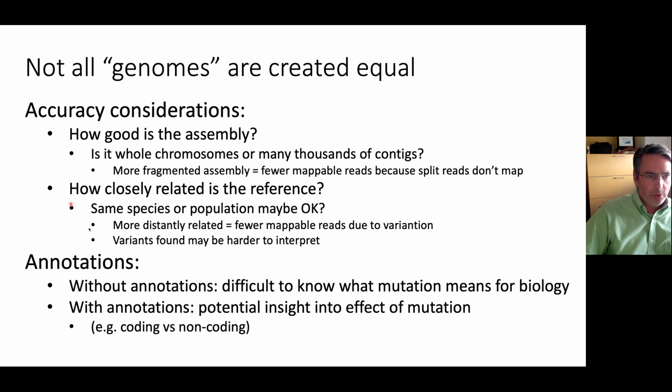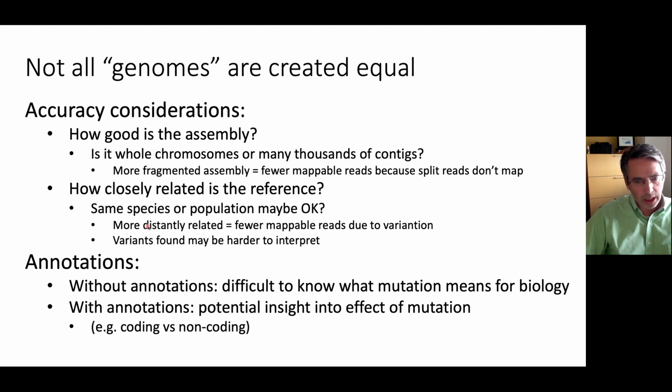Some of the problems with mapping: fragmentation is a problem. The other problem I mentioned a minute ago, trying to add on to a public genome with your sequence, is problematic. Well, it's the same problem if you're trying to map your data to a strain or species or population that is not the same one you sequenced.